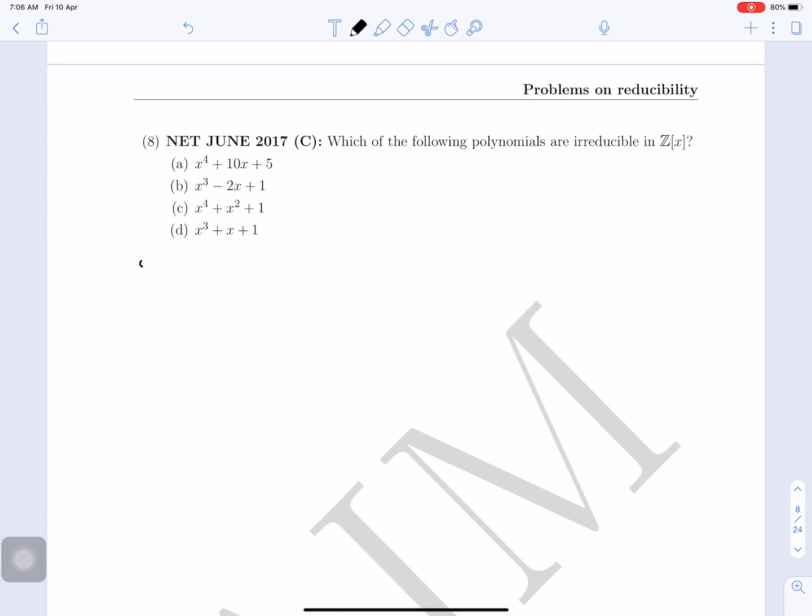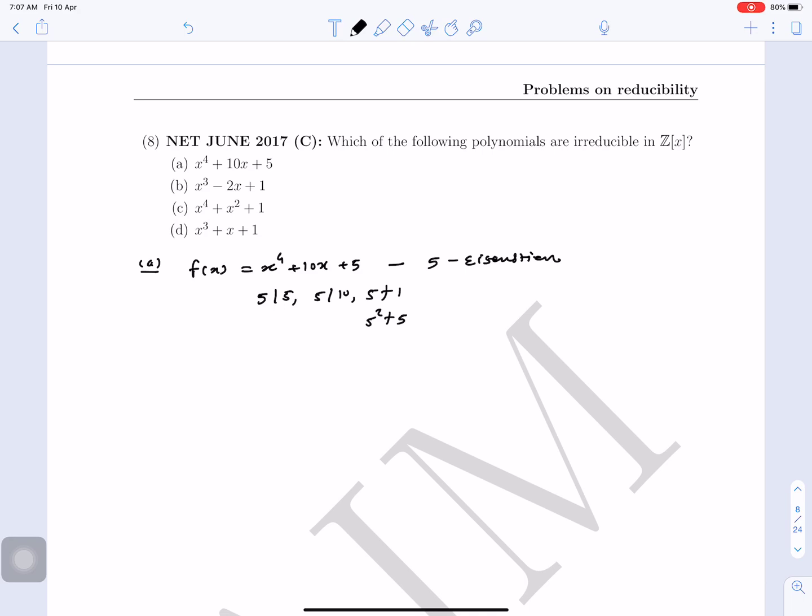So let me go for option A. Here f(x) is equal to x raised to 4 plus 10x plus 5, and this is 5-Eisenstein, because 5 divides 5, 5 divides 10, 5 does not divide 1, and 5 square does not divide 5. So it is 5-Eisenstein.